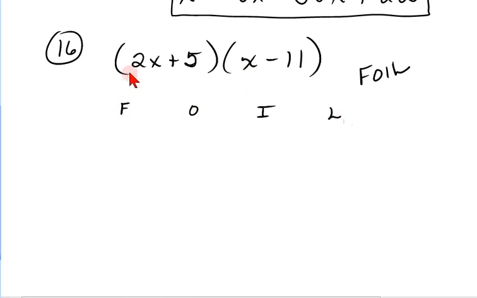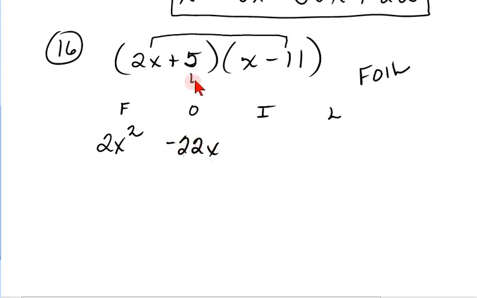What's the product of the first? 2x times x, 2x squared. The outer product is how much? Negative 22x. The inner product is 5x.